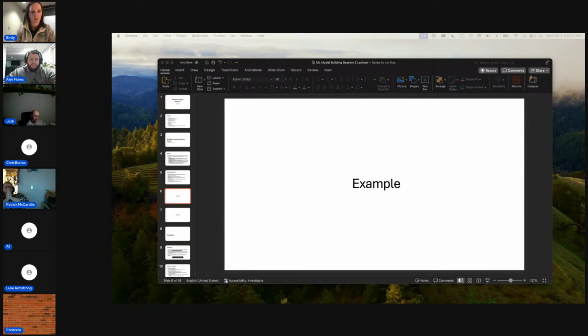We can't just import housing. We have to actually load this. I think we were just missing one line here.